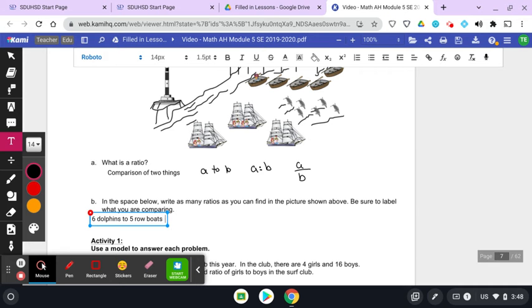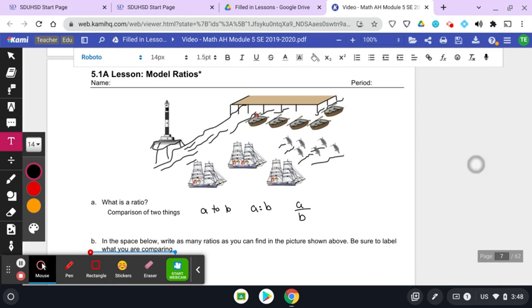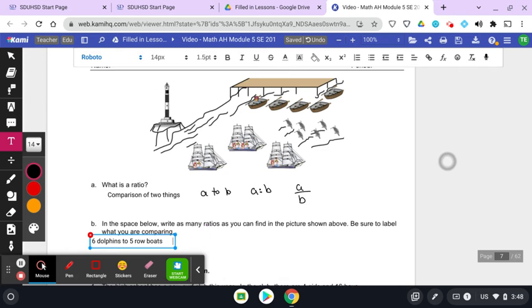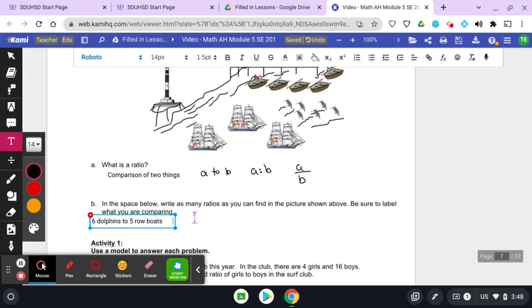Okay, or let's find another one. I can do 1 lighthouse to 1 dock. Anything I want to compare in there. 1 lighthouse to 1 dock.